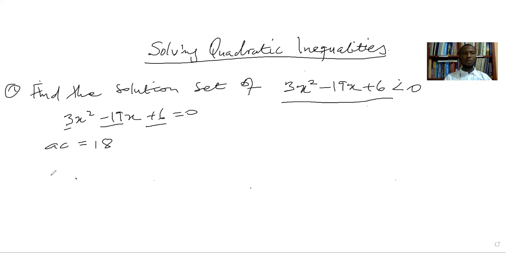And here we are looking for 2 factors of 18 that when we add, we are going to get negative 19, which is our B. And these factors are negative 1 and negative 18. So you can see that here -1 times -18 will give us +18, which is our AC, and -1 plus -18 is going to give us -19, which is our B. So we are going to use this -1 and -18 to replace our -19 here for us to get 4 terms. Then we can factorize.